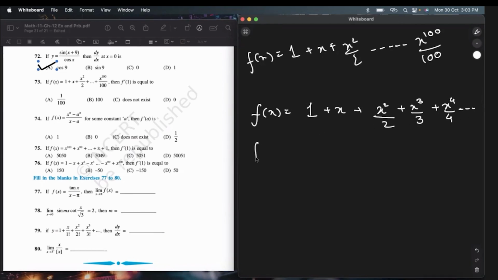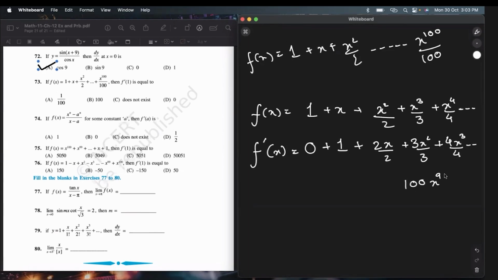So if I differentiate this, the constant will be 0, this will be 1 plus 2 times x/2 plus 3 times x²/3 plus 4 times x³/4, and the same thing will be happening till the last term.